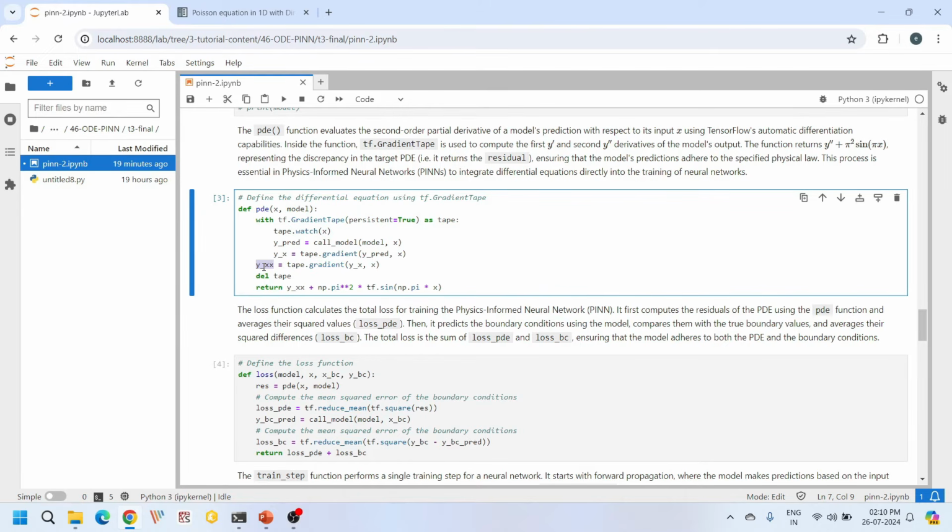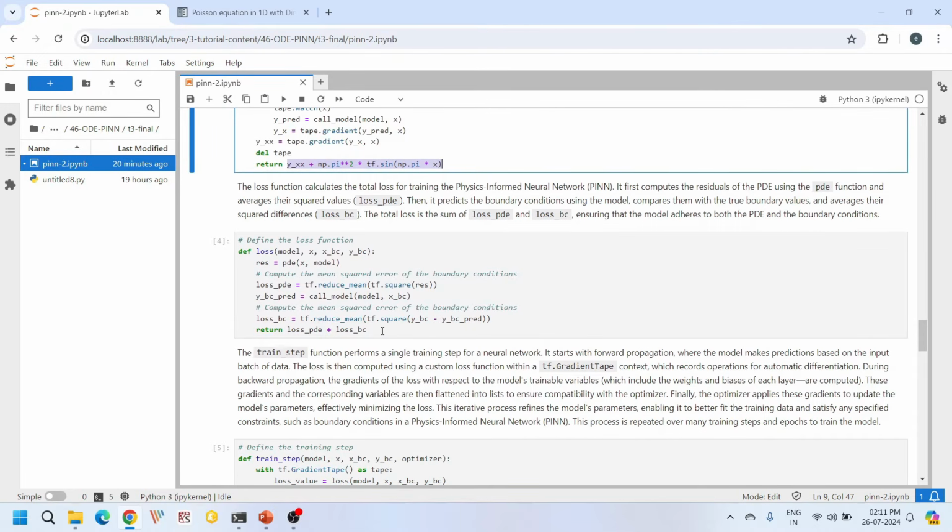Inside the function we are using this tf dot gradient tape to compute the first derivative and the second derivative of the model output. So this function takes two arguments, that is the input x and the model. So when we send these two inputs to this function, it will evaluate the derivatives in the equation, and it will finally return us the residual value. It will return the residual as it is.